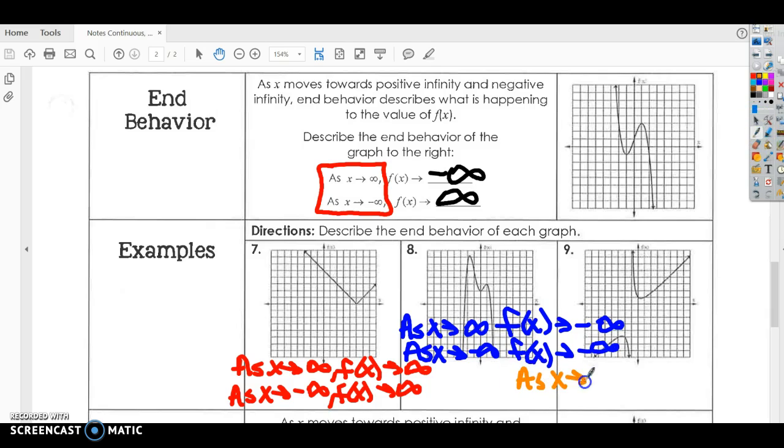As x approaches the positive side, what happens to y? And as x approaches the negative side, what happens to y? Remember, our y values are just f of x.